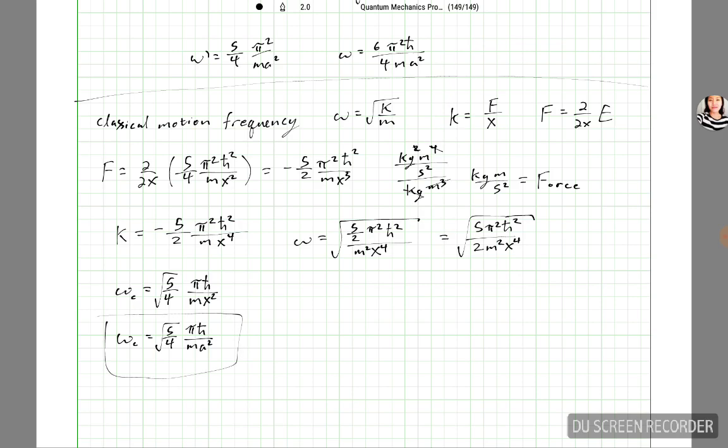That's another interpretation. Another way, which does end up giving us the same thing, just looking at even going further back.